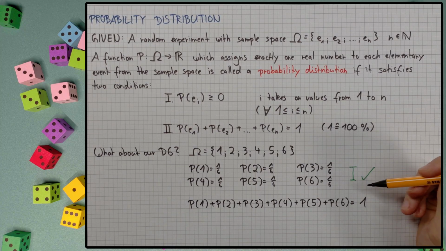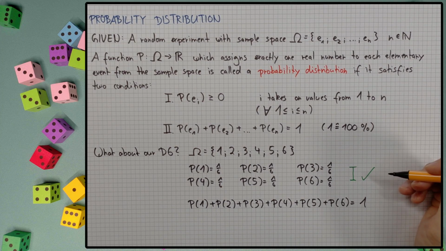So, like I said before, if or when we roll a die, we expect to have a 100% chance of it rolling a number from 1 through 6. It will not stand on an edge or stand on a corner and not give us a number.